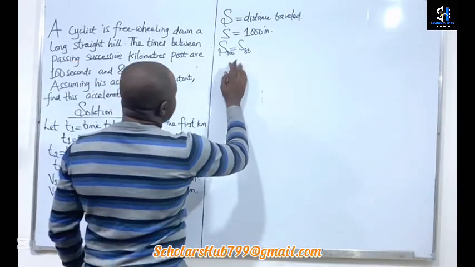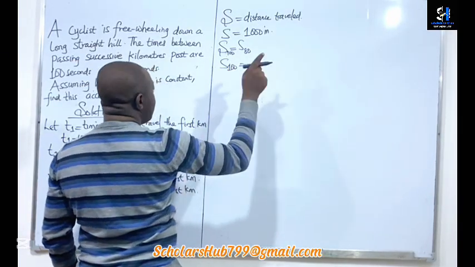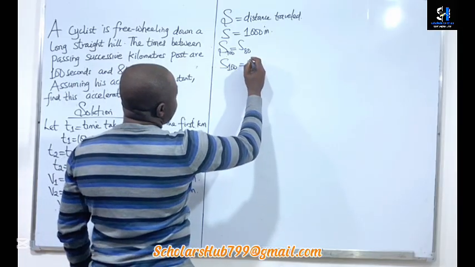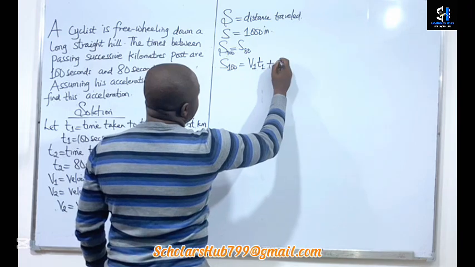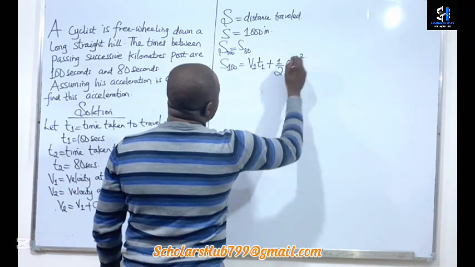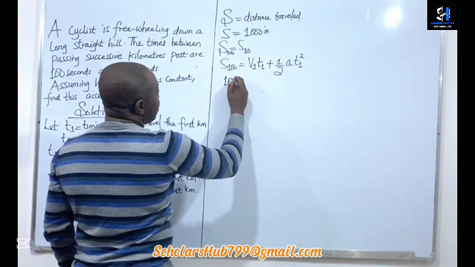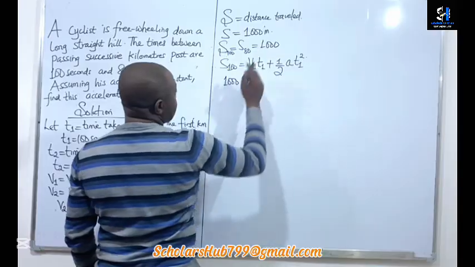Why is that? Because for the first kilometer, we are using V1 multiplied by T1 plus 1/2 of the acceleration multiplied by T1 squared. The distance is 1000.